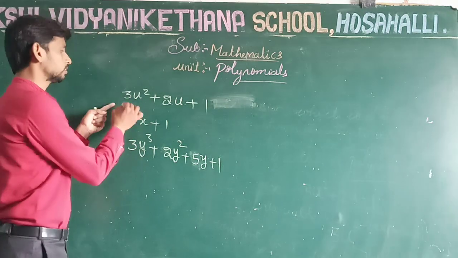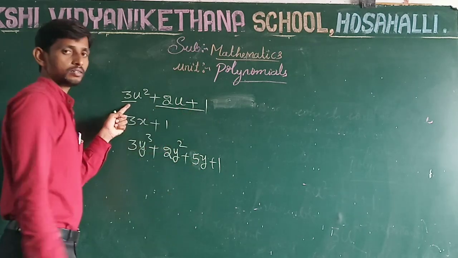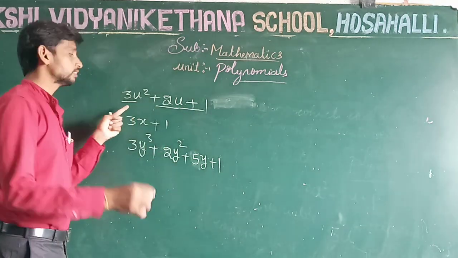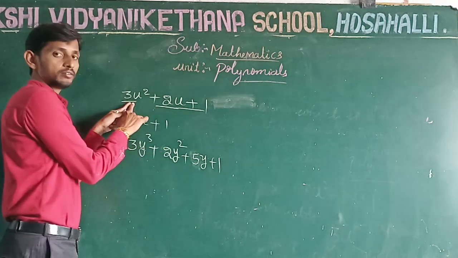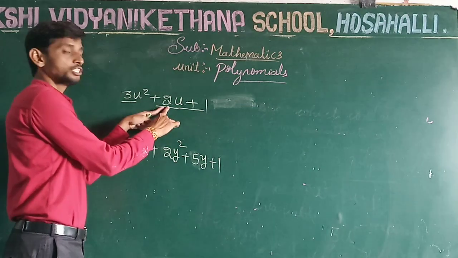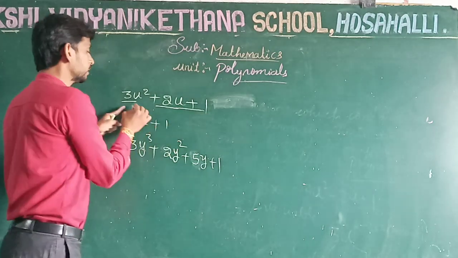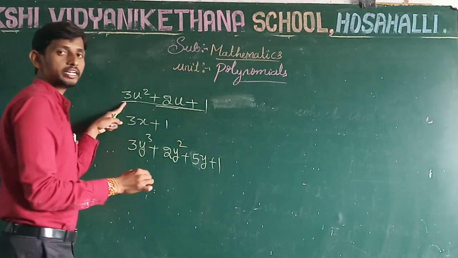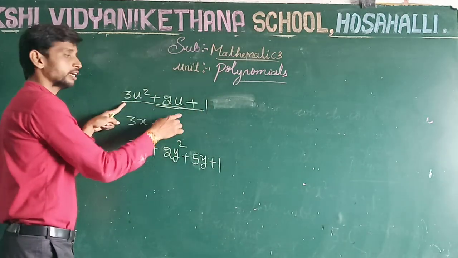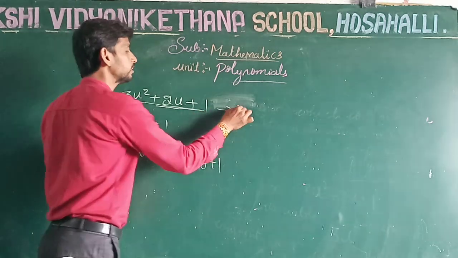See this one. This is a polynomial. How many terms are there? There are three terms. 3u square is one term, 2u is the second term, plus 1 is the third term. This polynomial is in the variable u.